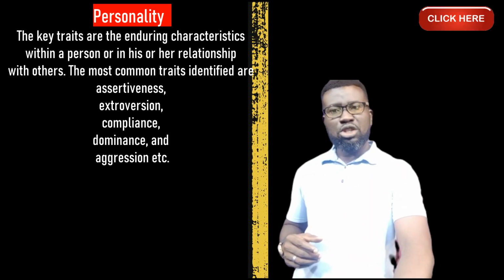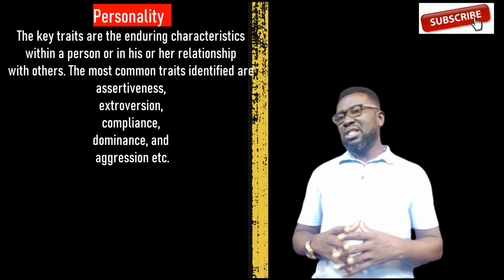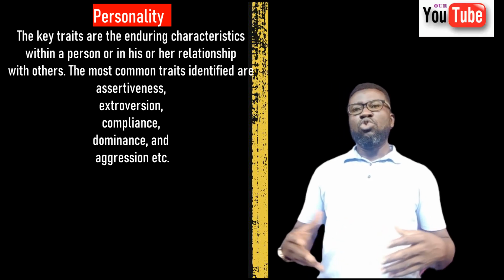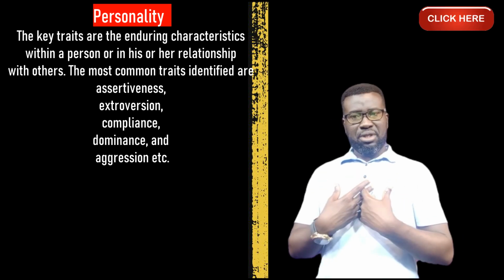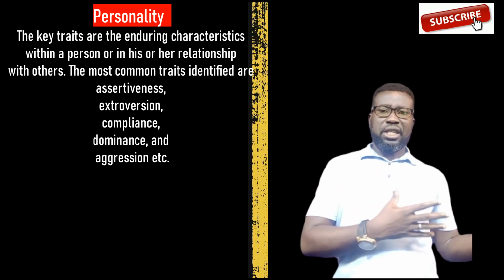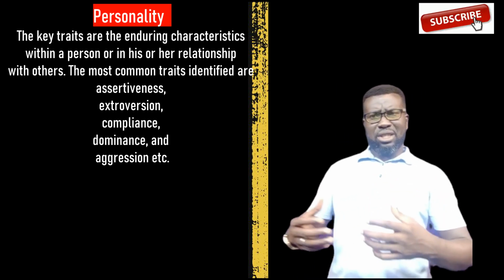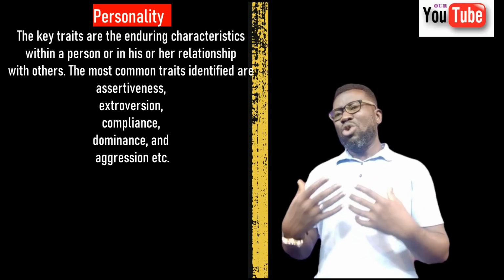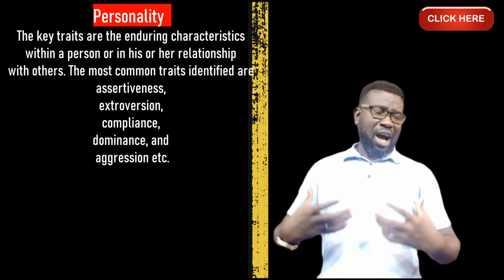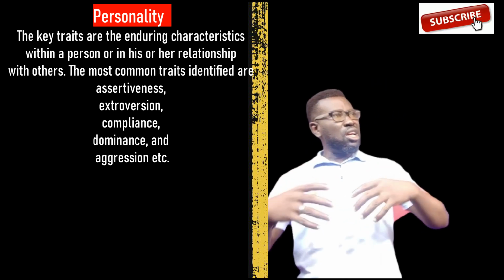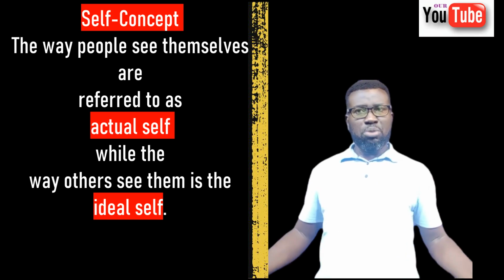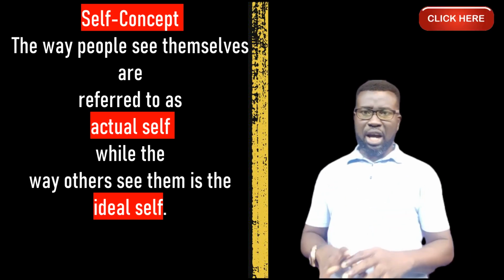Now, personality characteristics often reveal a person's self-concept, which is the way people see themselves, the way they perceive others, and the way they perceive others seeing them also. So that all put together is what we refer to as self-concept, how you see yourself, which is an accumulation of how people see you and how you see yourself.